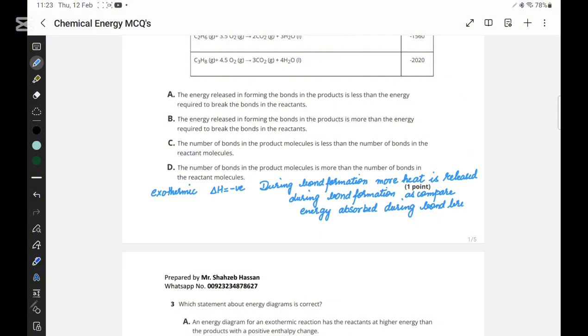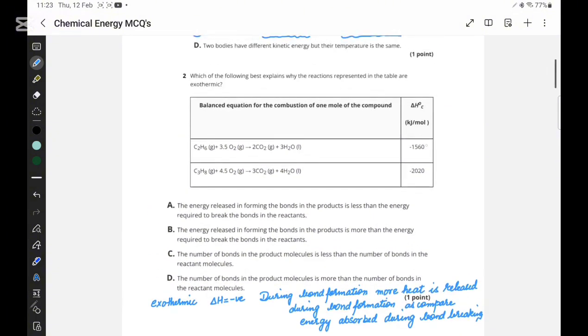So you are going to see that both reactions are exothermic, enthalpy change is negative.